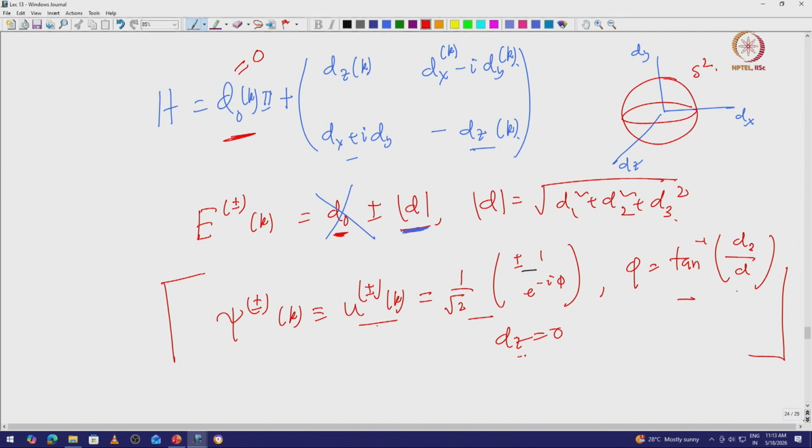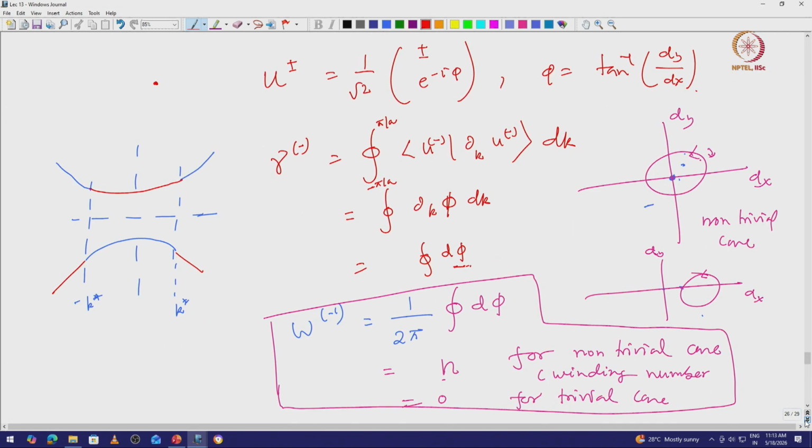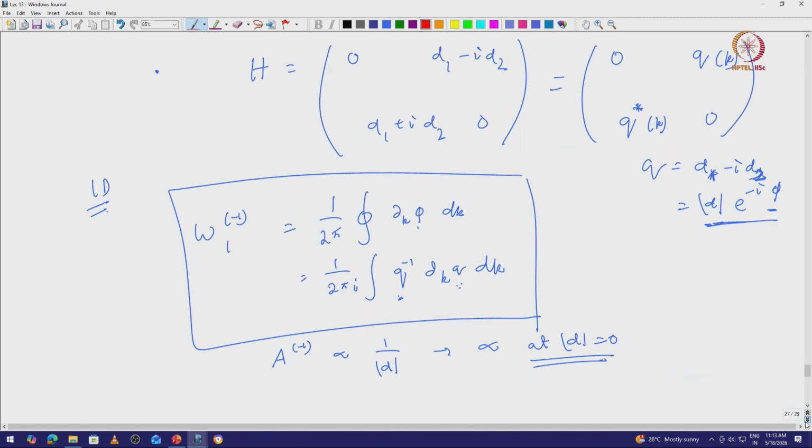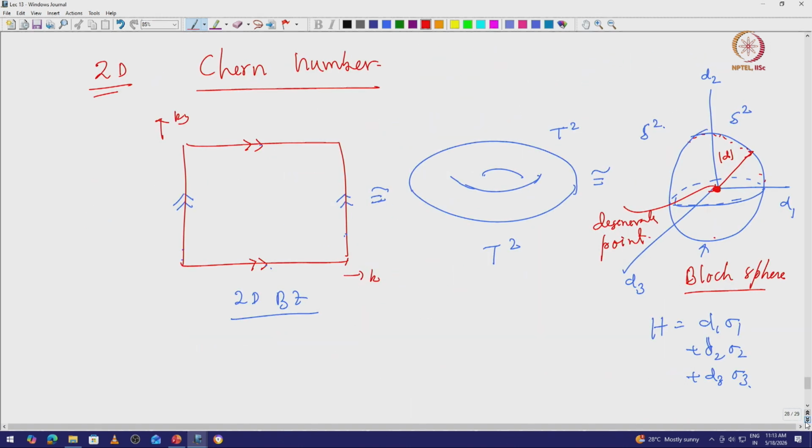This sort of change of notation will keep on happening, because notes are taken from different books and different books use different notation. I want to save x, y, z for k and use d1, d2, d3, at least try to use them in most places where confusion may arise. Okay.